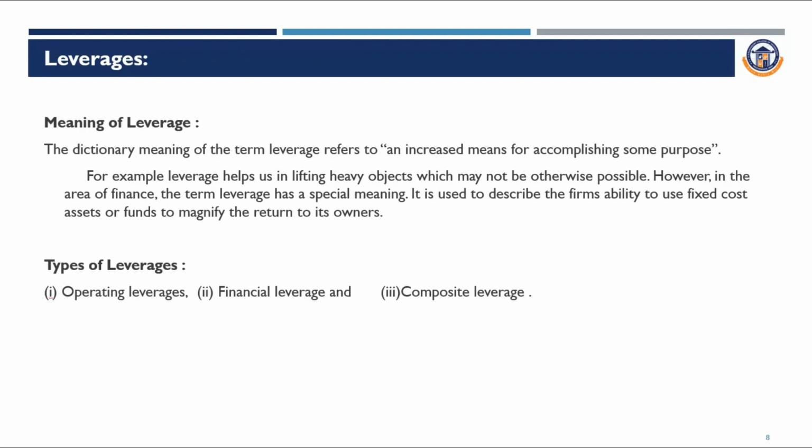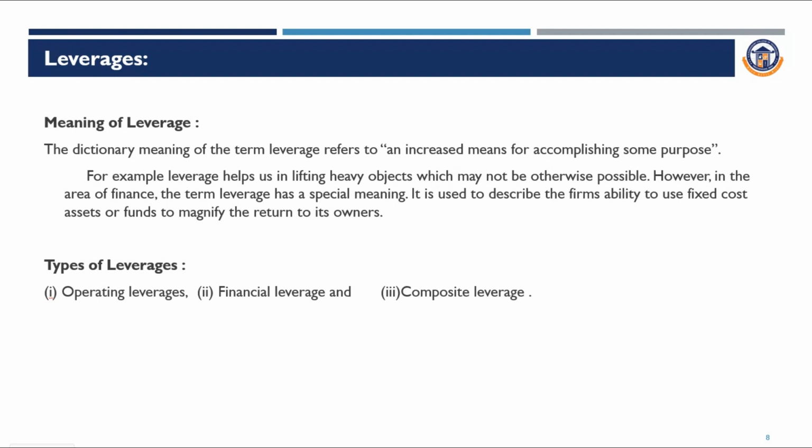Then we discuss leverage. The meaning of leverage is the use of something to accomplish some purpose. The types are operating leverage, financial leverage and composite leverage. First we discuss operating leverage.